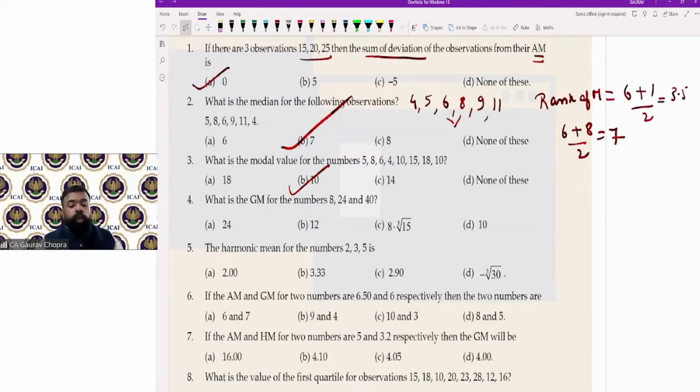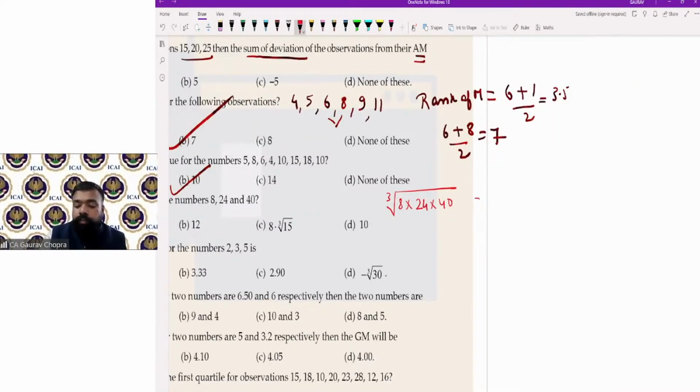Then the fourth one, geometric mean of 8, 24 and 40. So 8, 24 and 40. Multiply them and apply the cube root. Now we can do some factors. 8 can be written as 2 cube. 24 can be written as 2 cube multiplied by 3.